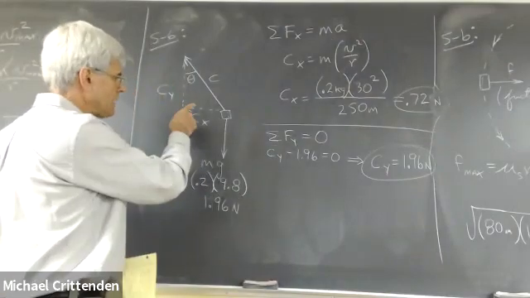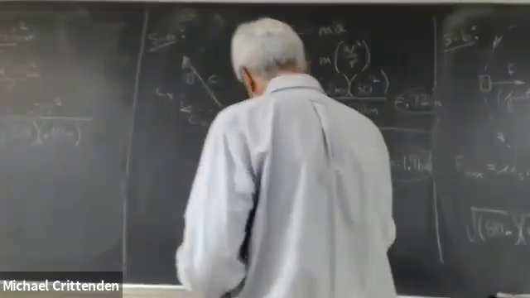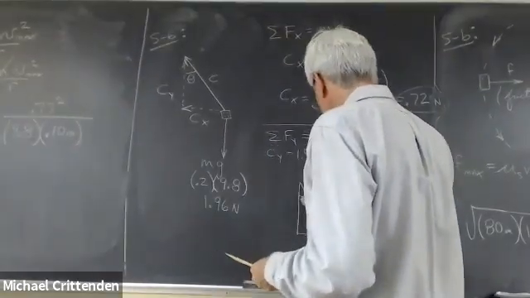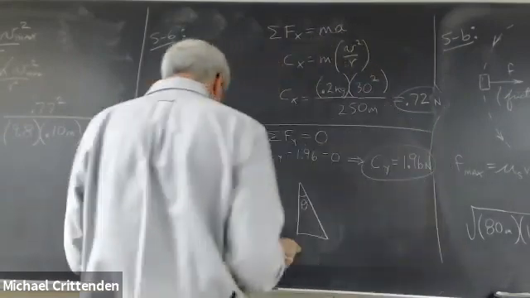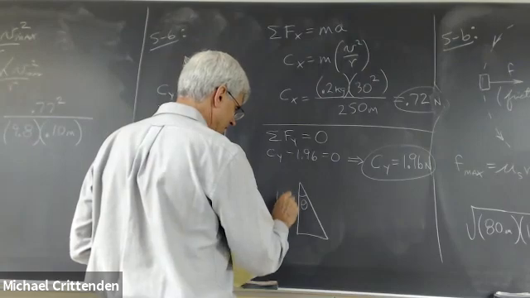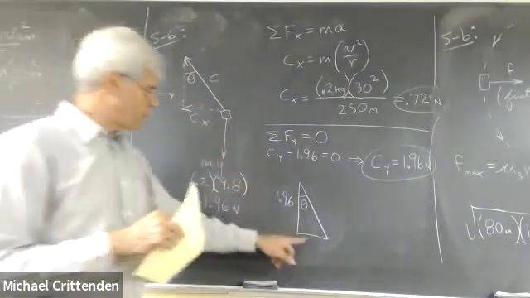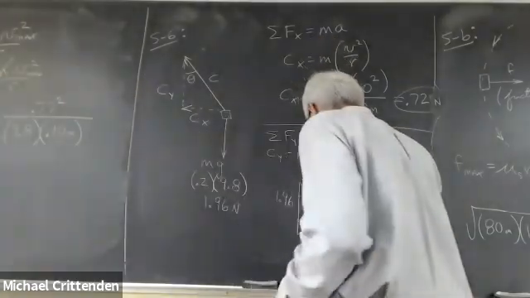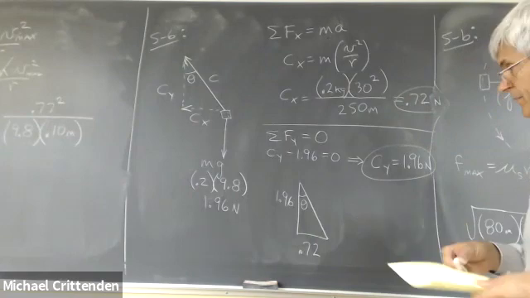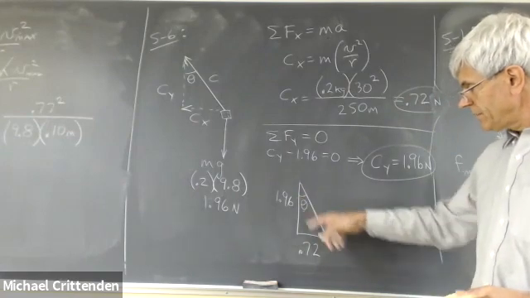So maybe for a little extra emphasis, I'll draw this triangle again. We now know that you've got 1.96 on this side and 0.72 on that side, and the tangent of that angle would equal the opposite over the adjacent.